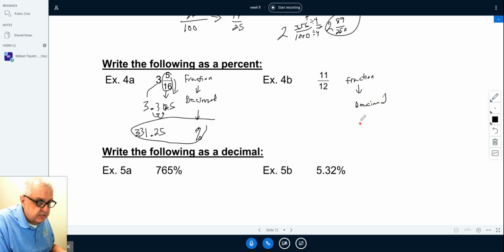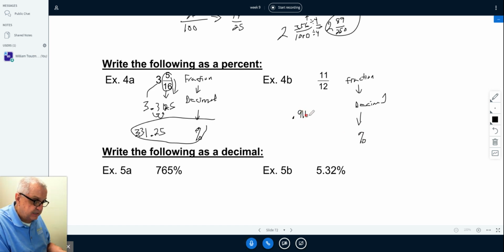Once you change it to a decimal, then you change it to a percent. So to change 11 over 12 to a decimal number, I just type 11 divided by 12, and I get 0.916666. Then it says 7, but that means the 6 goes on forever.